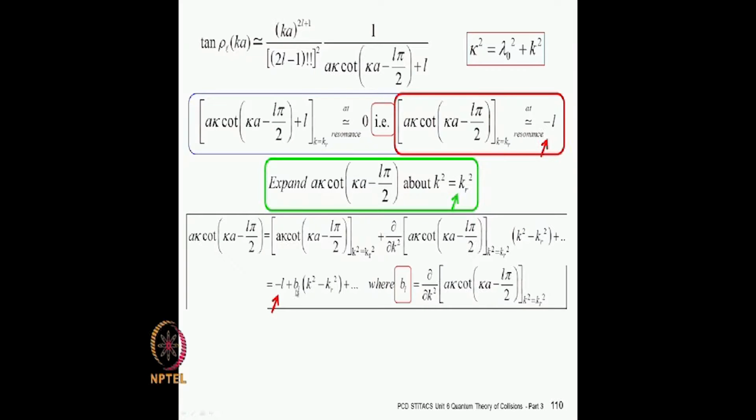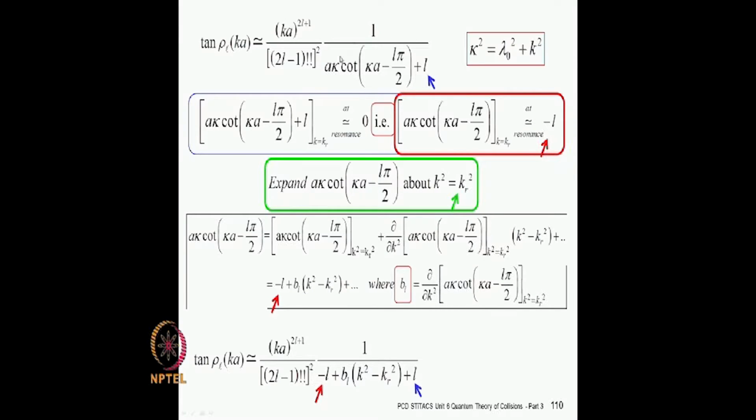This first order derivative is what I have written as BL. BL is the derivative with respect to k square of this function, which is a function of k square. You can see that kappa square is lambda 0 square plus k square, which is why this is a function of k square. Okay, so here we are.